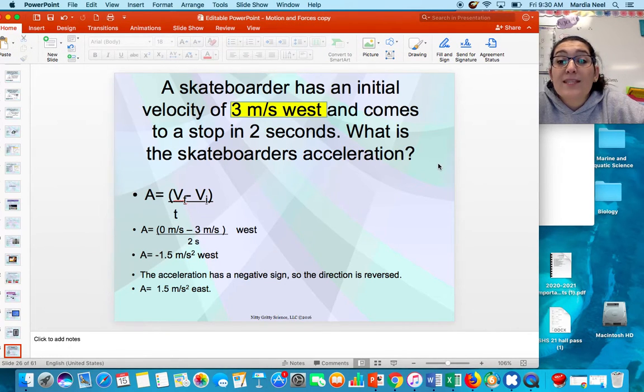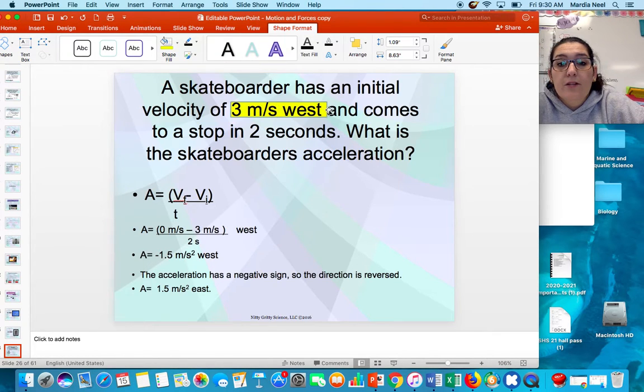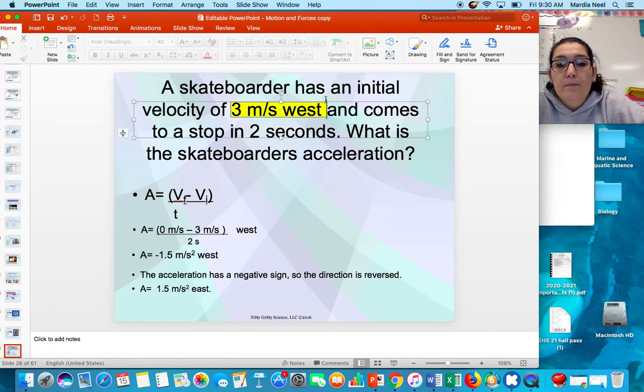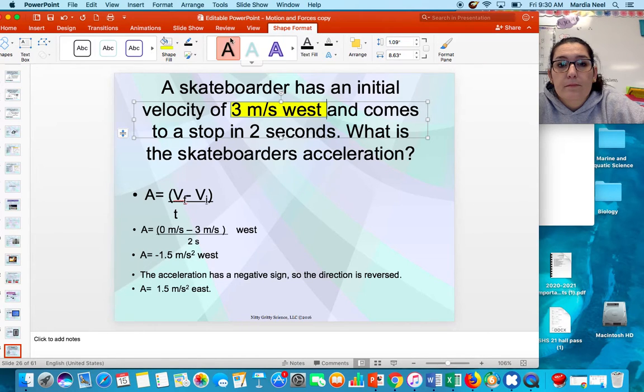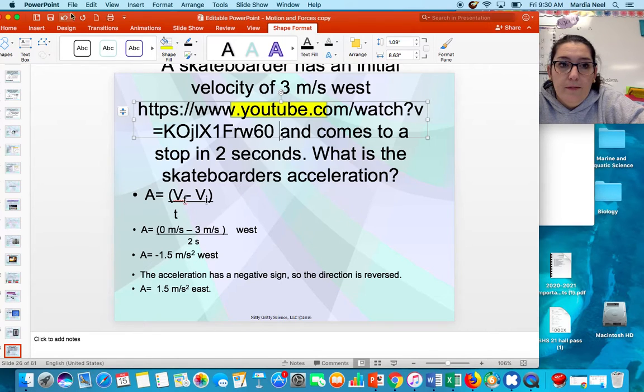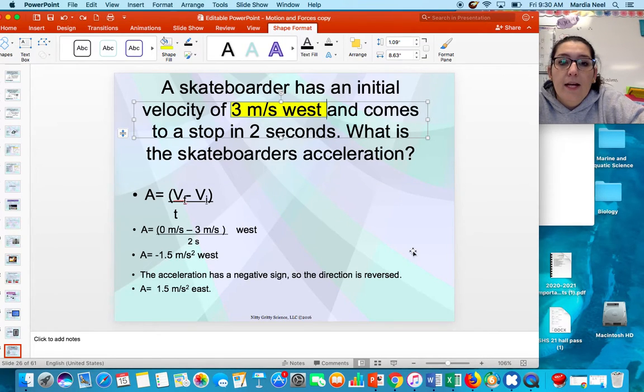He comes to a stop. Okay. So a stop, we need to highlight that, right? All right, he comes to a stop in 2 seconds. So his initial velocity was 3 meters per second west.